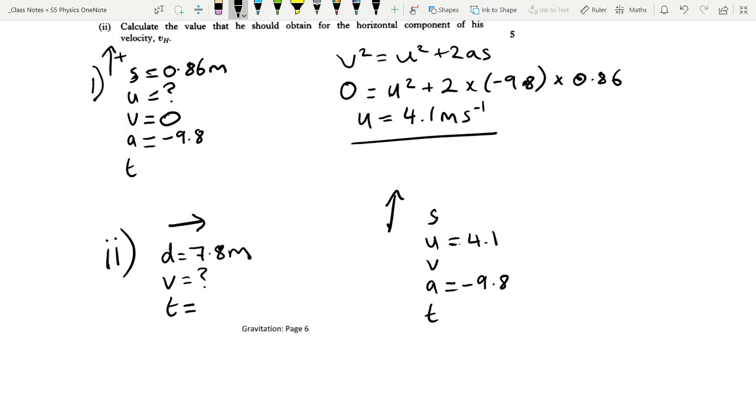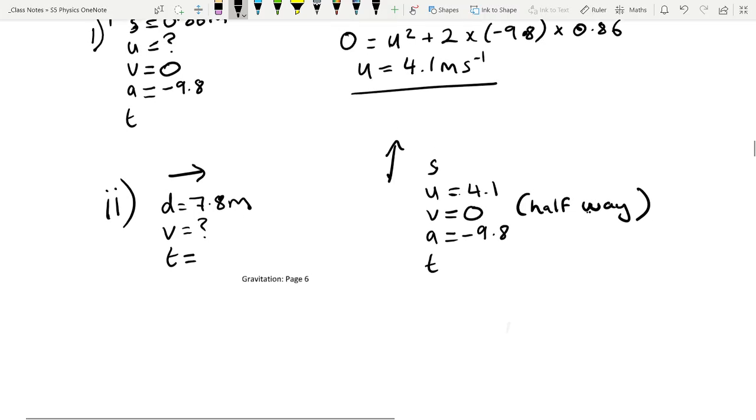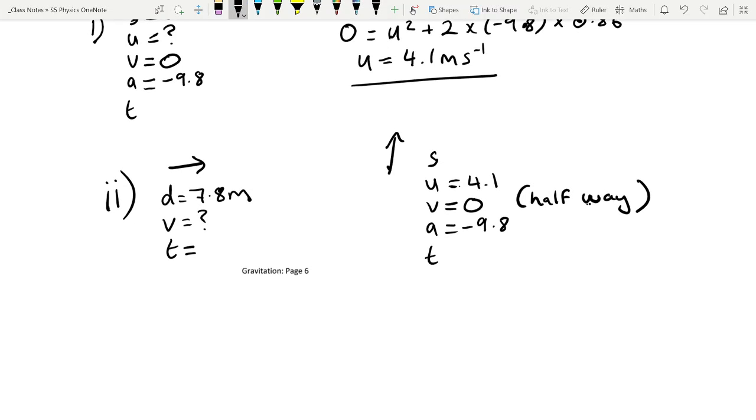And what I would do, if in doubt, since we don't have much else information there, is look at halfway. So for halfway, let's find the time. We need the time to then work out what that velocity is.